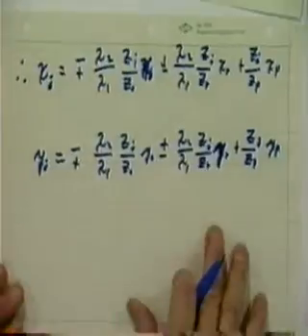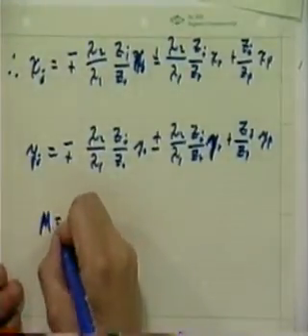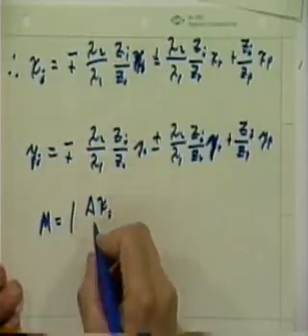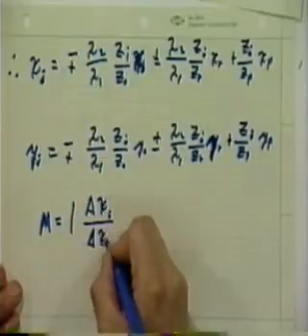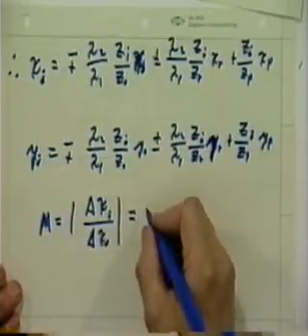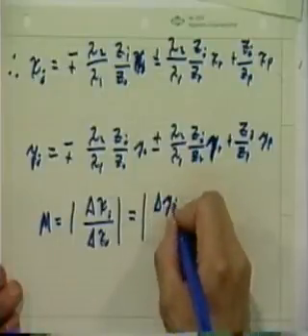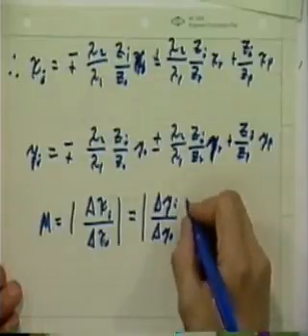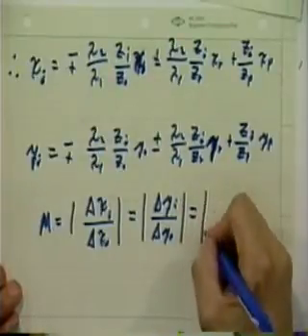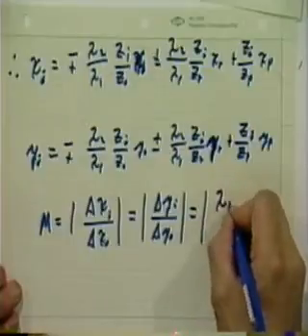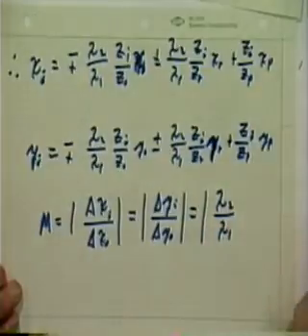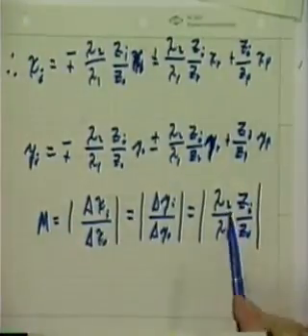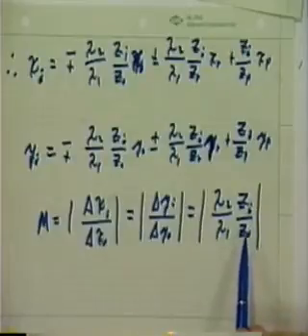If we find here that magnification is delta x sub I over delta x naught, which is delta y sub I over delta y naught, that will turn out to be, so the magnification is going to go as lambda 2 over lambda 1, z sub I over z naught. So the ratio of the wavelengths times the image position to the original object position here.